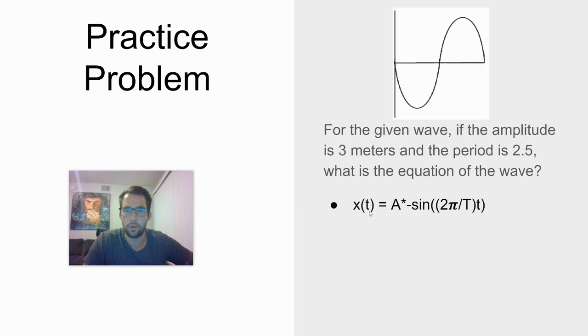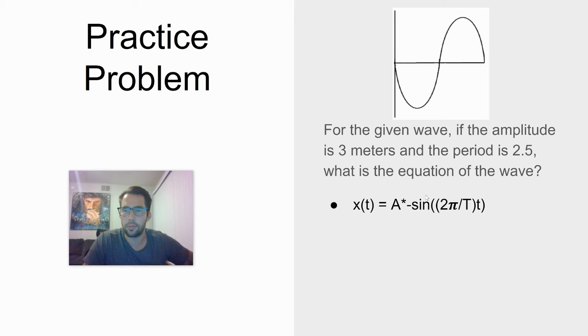So I'm going to grab my equation from the last few slides. X of t equals A times, notice I changed this, negative sine because of the way my graph looks, times 2 pi over my period times little t for time.